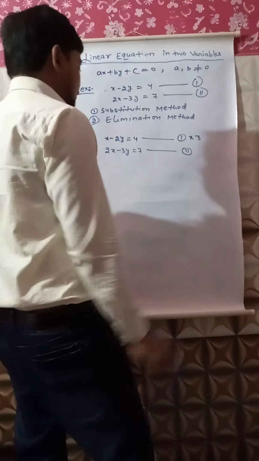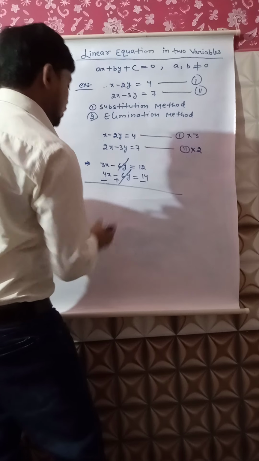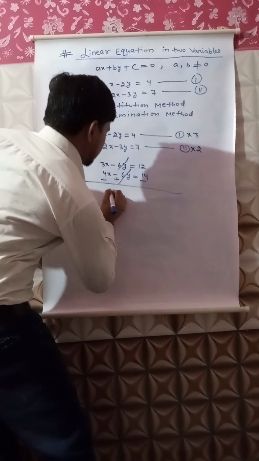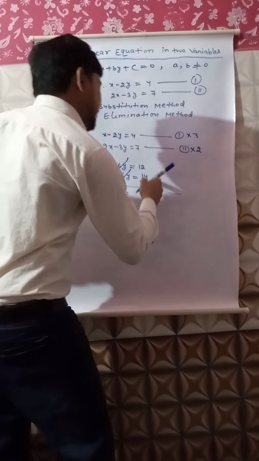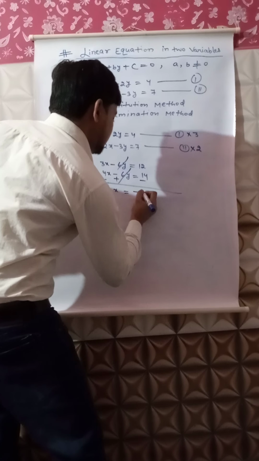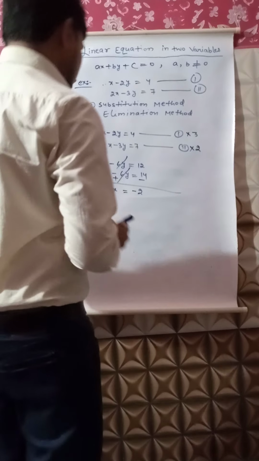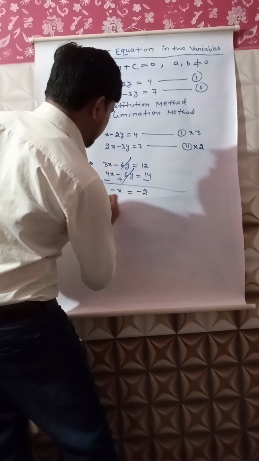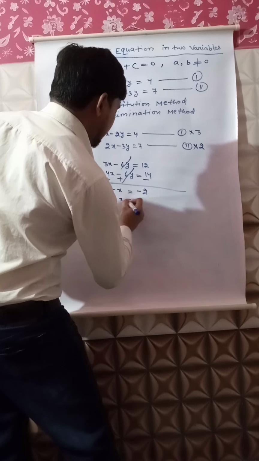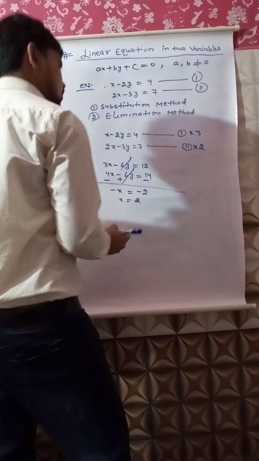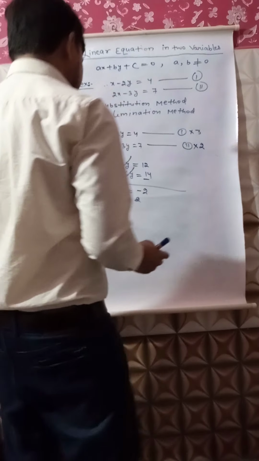So the y terms cancel. 4x minus 3x is x, and 14 minus 12 is 2. So x is equal to 2. Here x is coming 2.